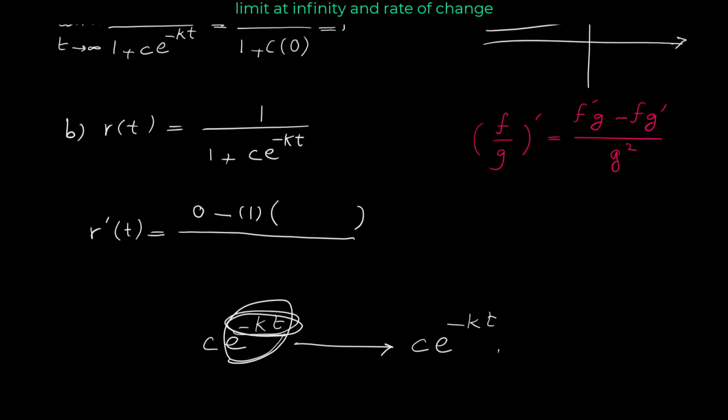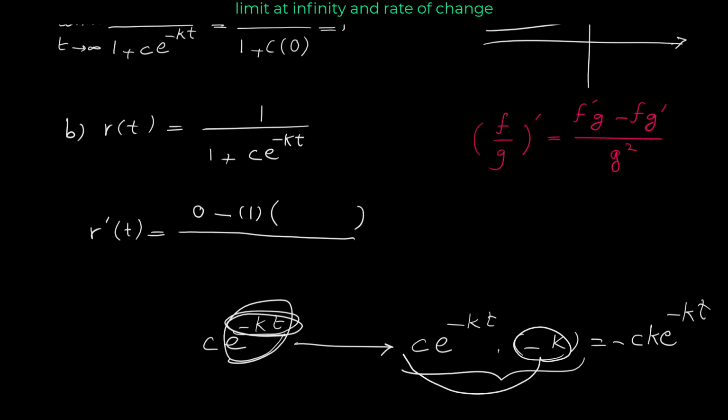The derivative of negative kt is negative k times 1, so negative k. K is a constant, t is the variable. If you want, you can write this as negative ck e to the negative kt. You can put this negative k in front. So the derivative of c e to the negative kt is negative ck e to the negative kt.